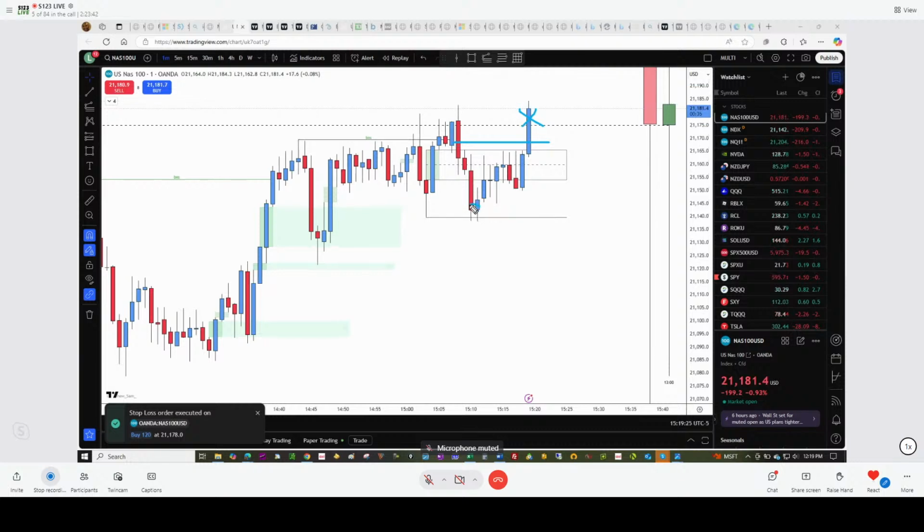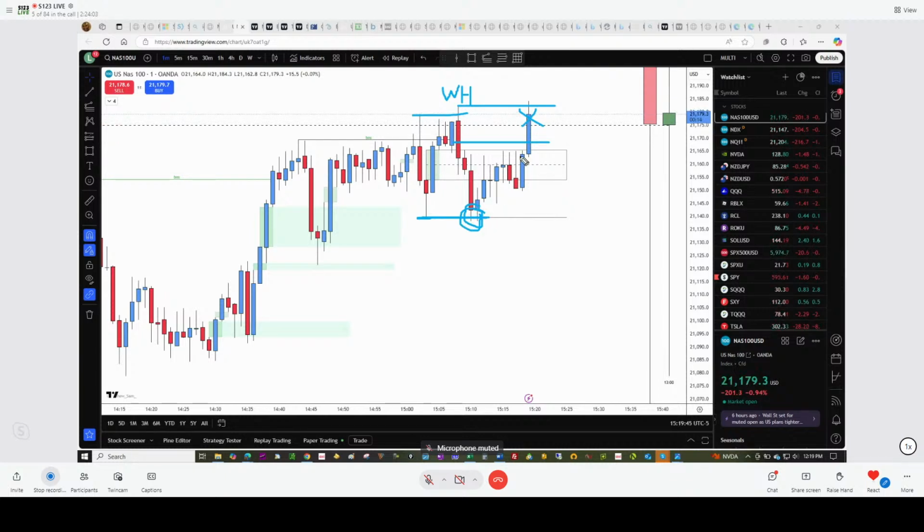We did not close below, so it makes this a weak high. See how that works? This makes it a weak high because we did not close below that low. They sweep it just by wicks, so you have to be really careful.